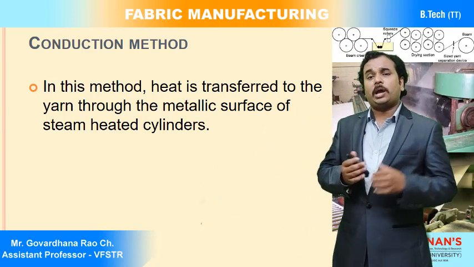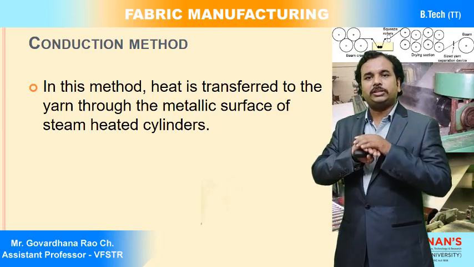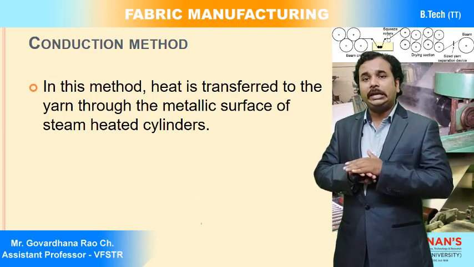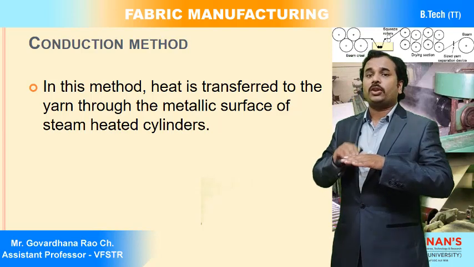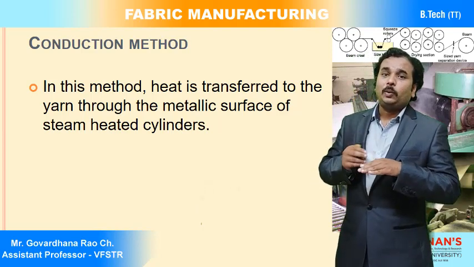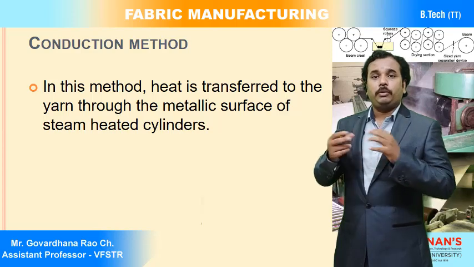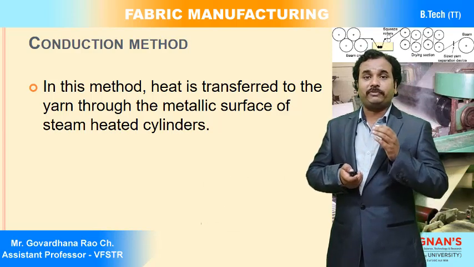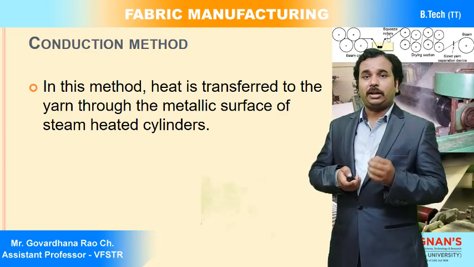After heating, the warp sheet contacts the surface of the cylinders, so that heat is transferred from the cylinder to the warp sheet, and whatever wetness is present in the warp sheet is evaporated. This is the conduction method of drying.